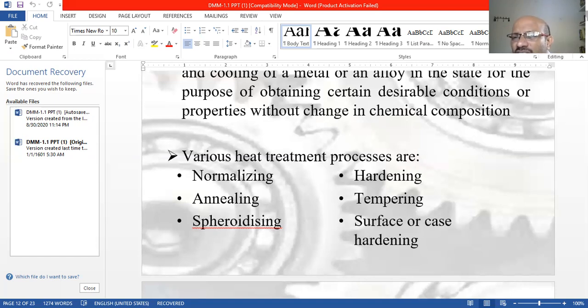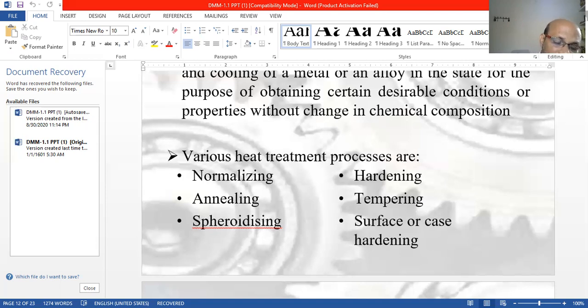Generally we use this surface hardening, or case hardening, to absorb shocks, particularly for shock absorbers.